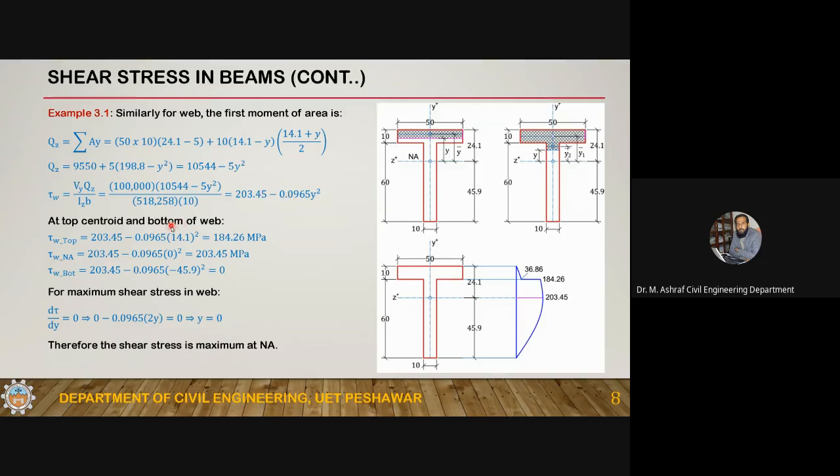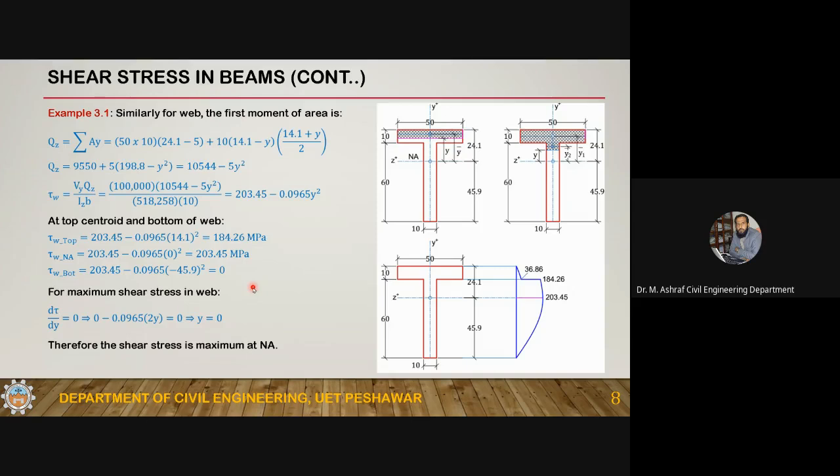At the top, the centroid, and the bottom of the web: at the top the value of y is 14.1, so 184.26. At the centroid, y is 0, so this is 203.45, and at the bottom y is minus 45.9, so this is 0. So these are the values in the web.